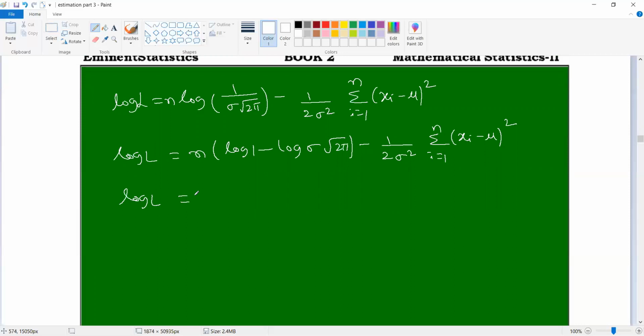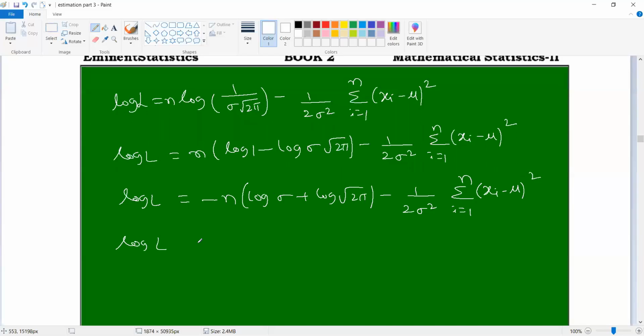Now here sigma is a variable. Using log a by b, log L is equal to n times log 1 minus log sigma root 2 pi, minus 1 by 2 sigma square summation xi minus mu whole square. Log 1 is 0, minus n log sigma, where n is a common factor, and log a into b is log a plus log b, so log root 2 pi, minus 1 by 2 sigma square summation i is equal to 1 to n xi minus mu whole square.